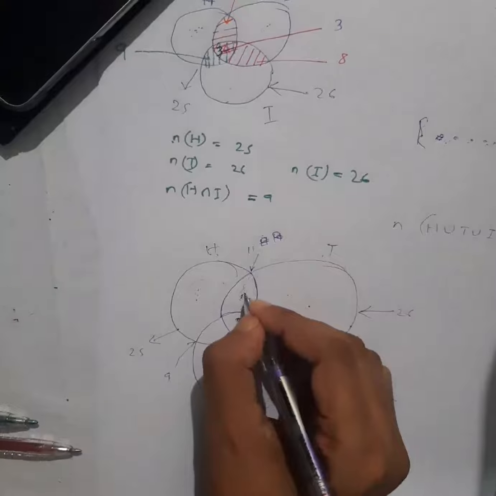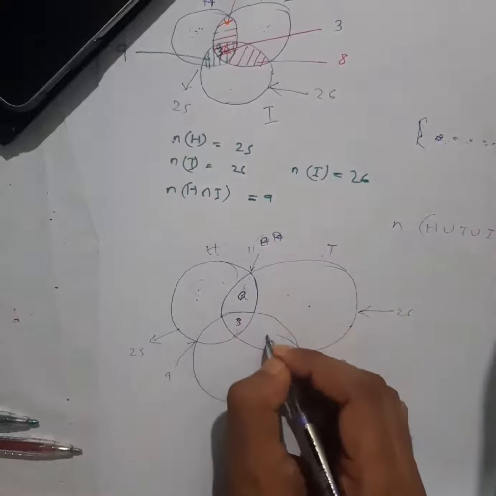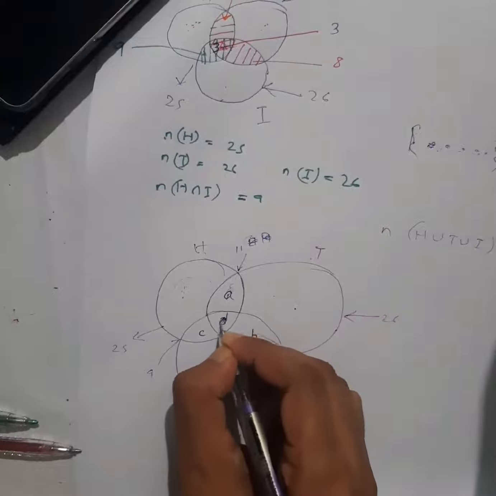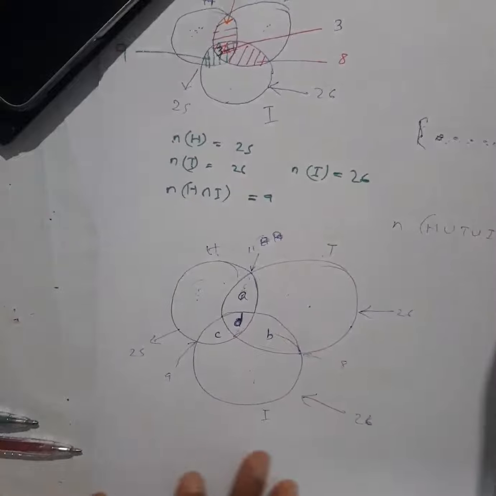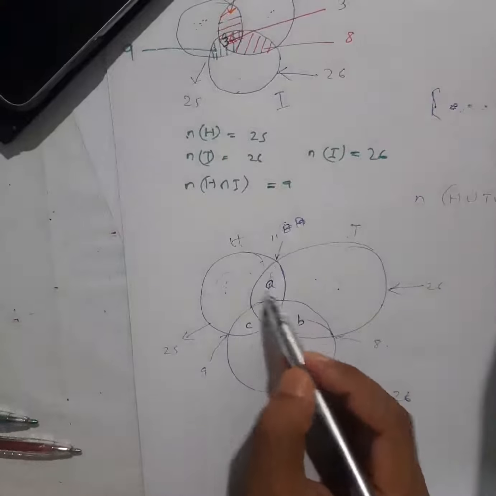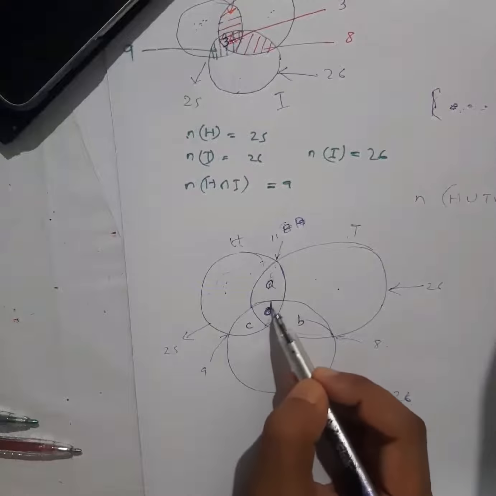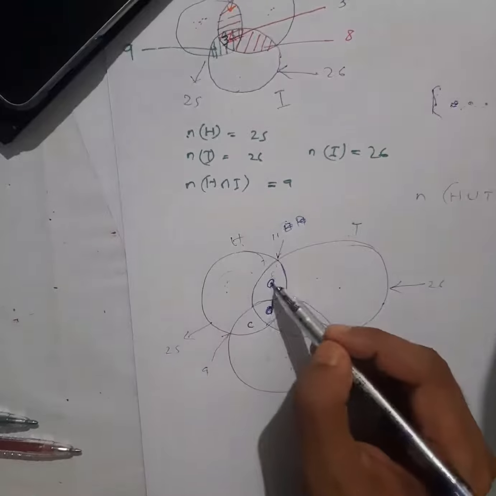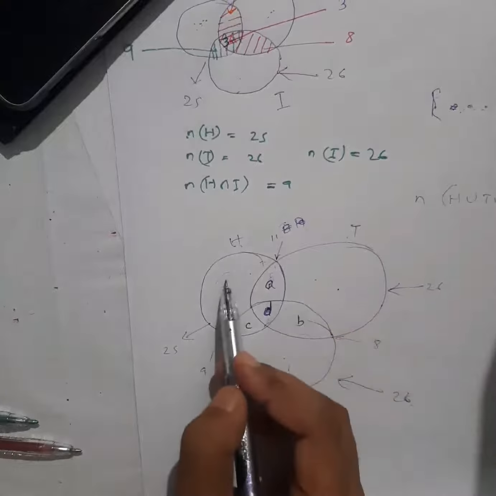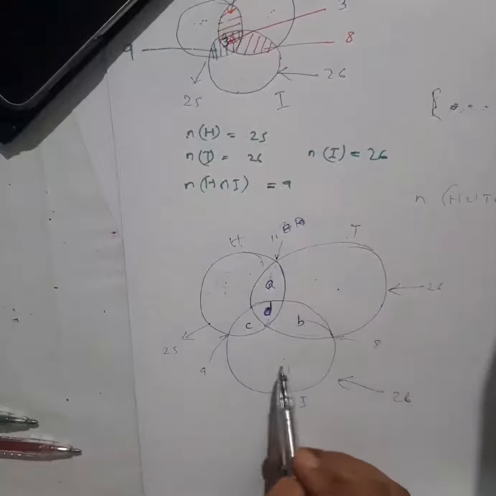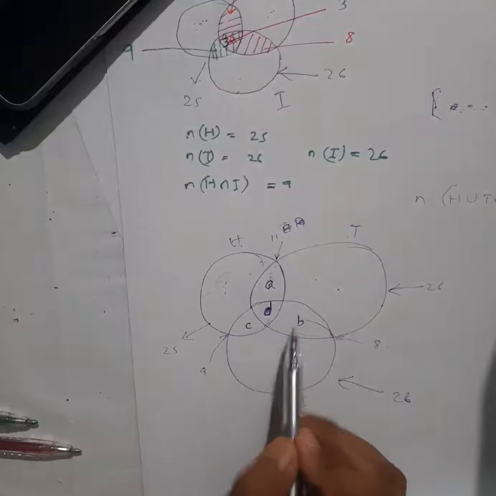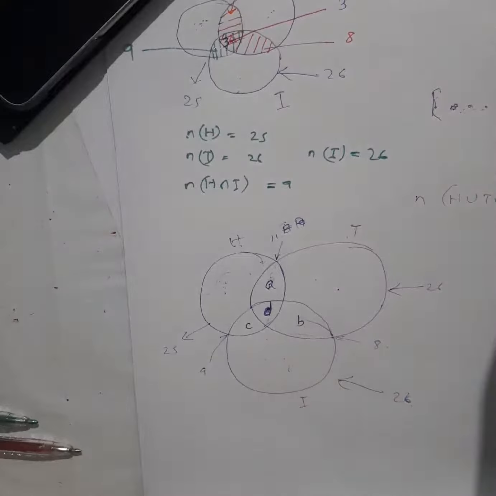Let me name this one as A, this one as B, this one as C, this one as D. Why am I writing? See carefully. If I can find separately how much each one is, I can easily find out this also, right? Once I know these, I will add them up and easily find the solution.